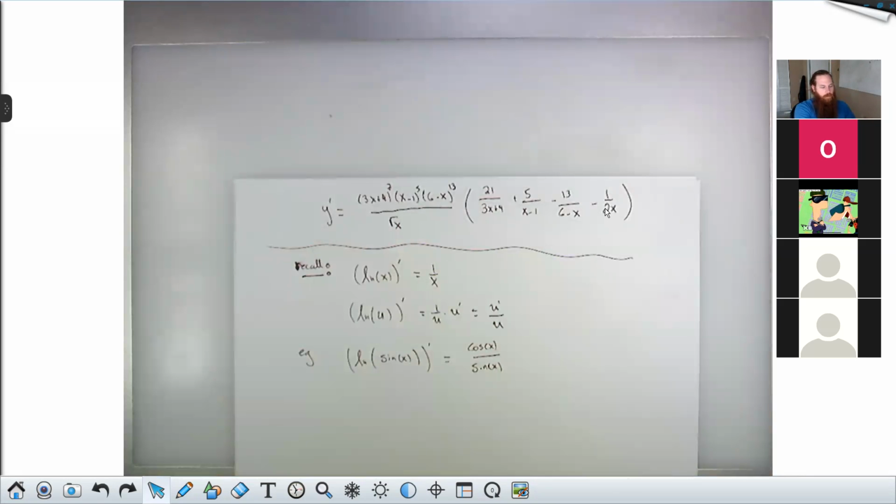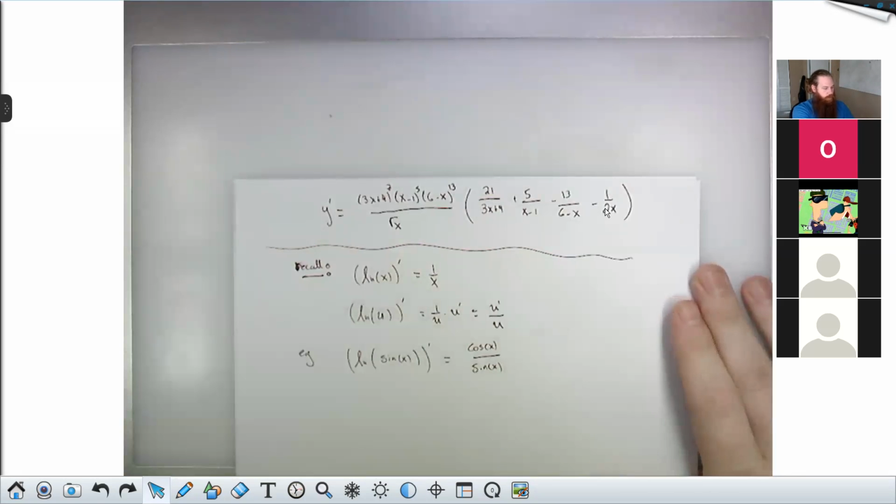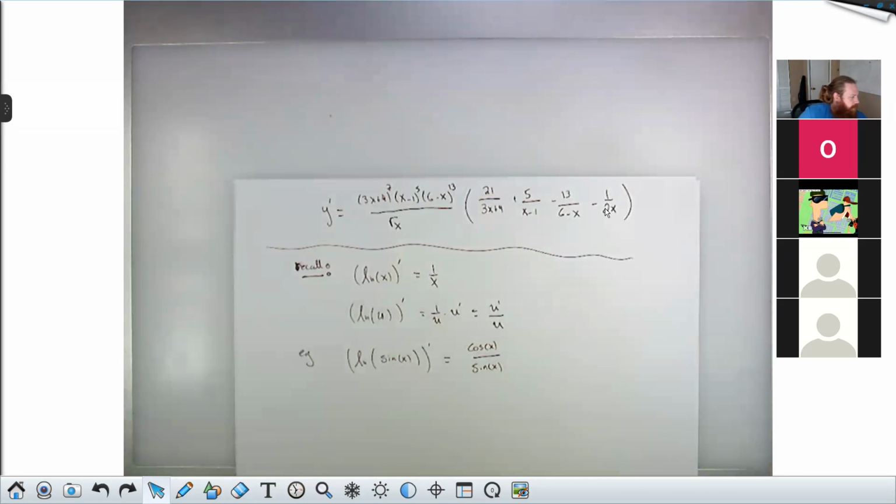All right. Got it. So the way I remembered that when I was in Calc 1 was stuff primed over stuff. The derivative of the natural log of some stuff is always that stuff primed over that stuff, or u prime over u.